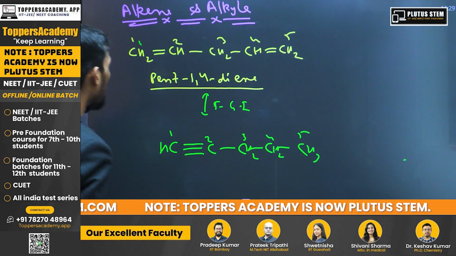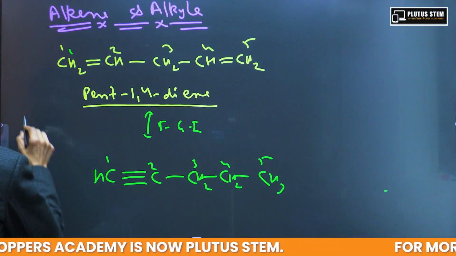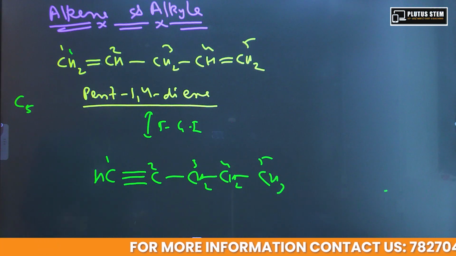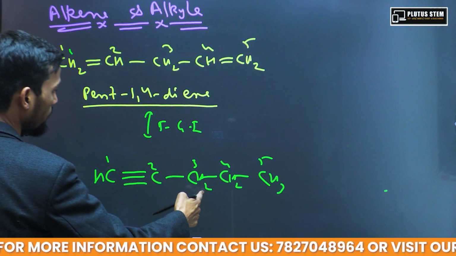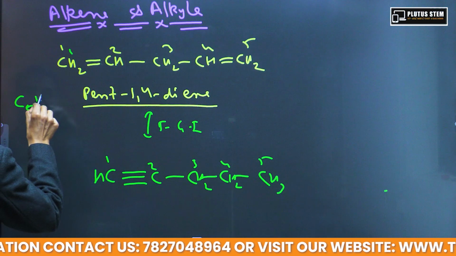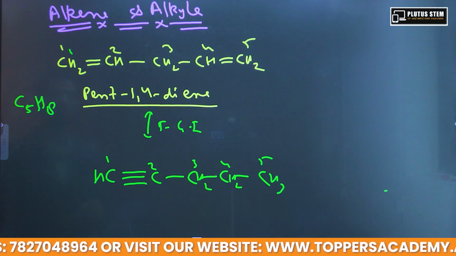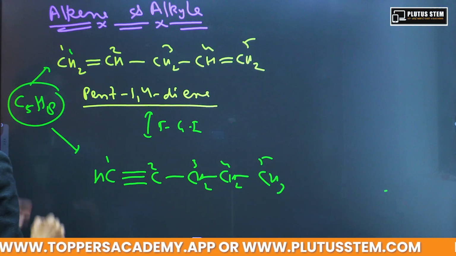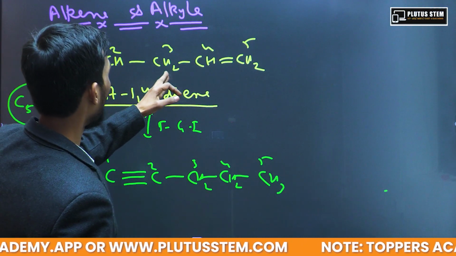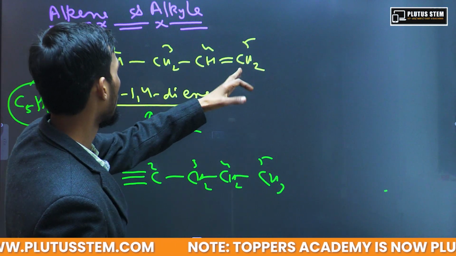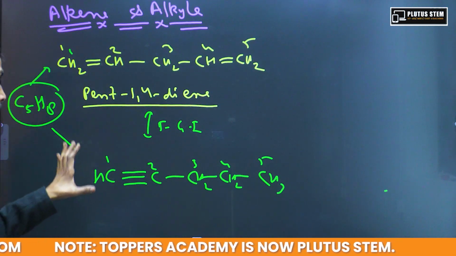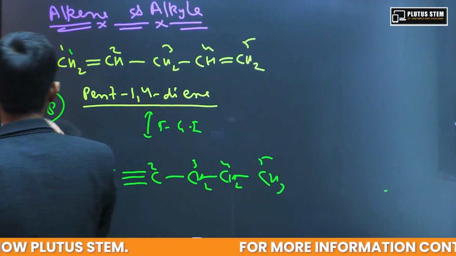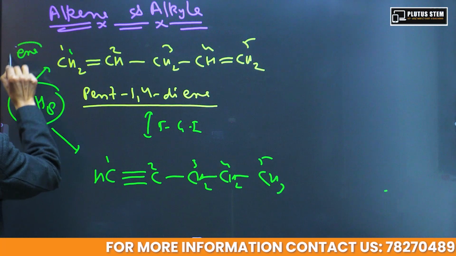So the molecular formula for these is C5H8. C5H8. So these two are functional group isomers. This one is ene and this one is yne.